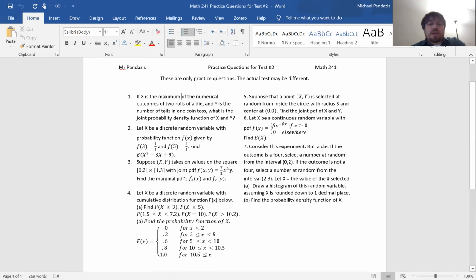So to find the joint probability density function of X and Y, that's little f of X comma Y. Since X and Y are independent, that's going to equal f sub 1 of X times f sub 2 of Y. So you just find the PDF for each of these separately, and you multiply them and you get the joint probability density function. Okay, so let's go to the whiteboard.